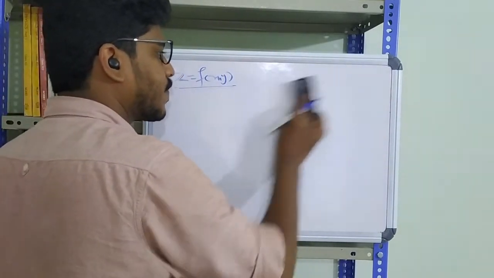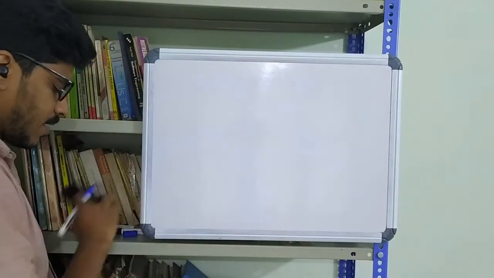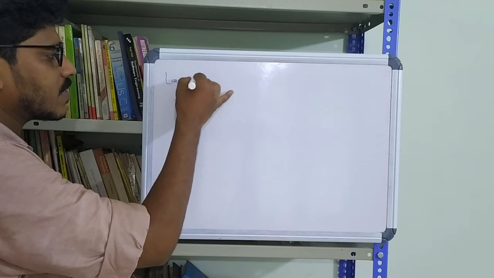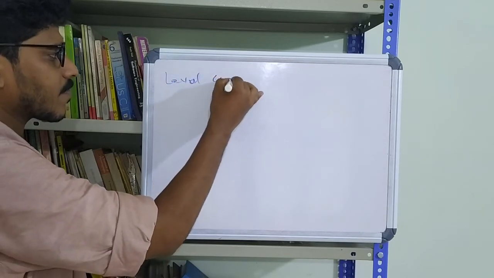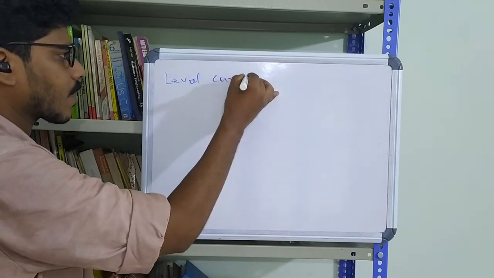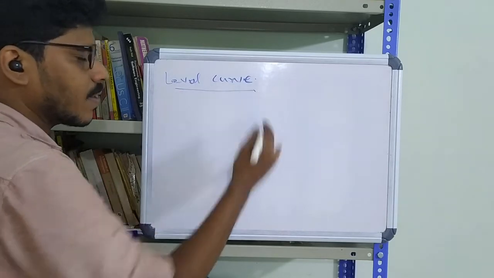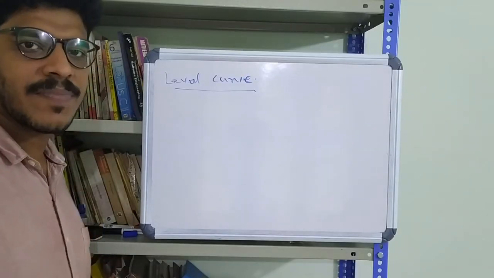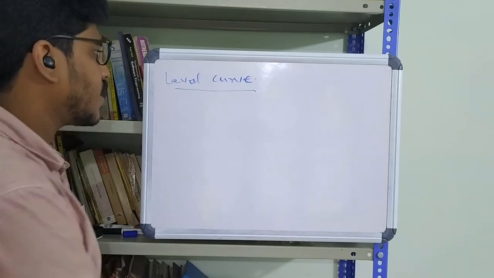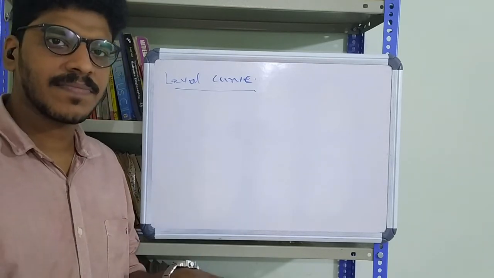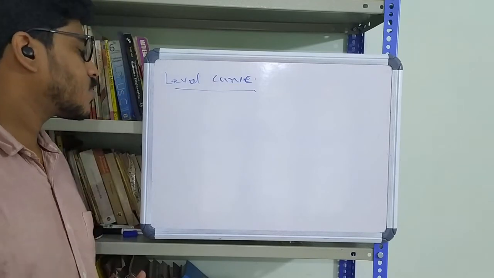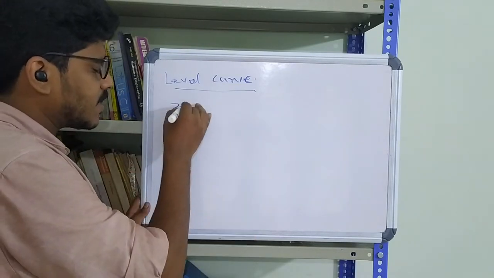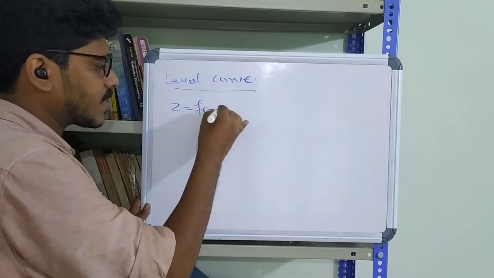That's about the graph. And now another important concept about this is the level curve. The graph of these two-variable functions usually happens to be surfaces. So what are level curves? Suppose we have a function z equal to f of x, y.